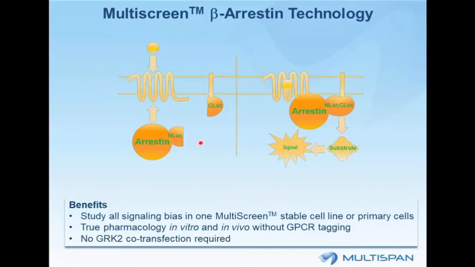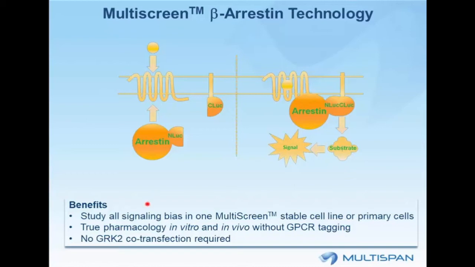When the arrestin and the luciferase pieces come together, the luciferase becomes active. So when a ligand comes and activates the GPCR, the arrestin moves to the GPCR, the luciferase is complemented by the luciferase in the membrane, and then you get a signal.